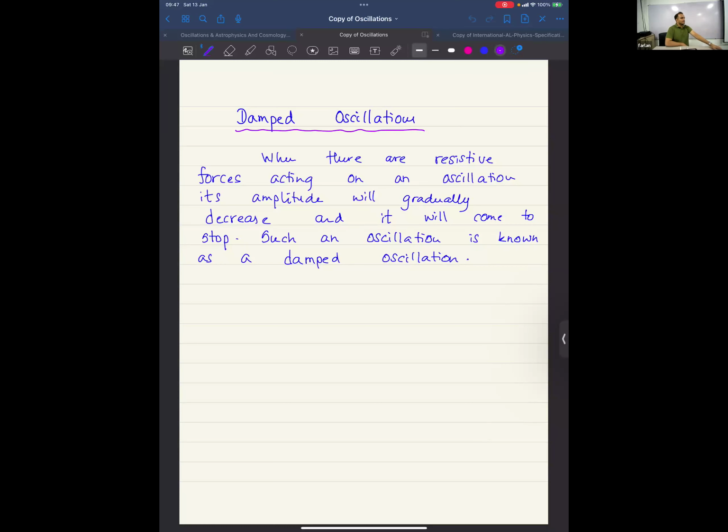Okay, so guys, when you were a kid, did you ever play on the swing? Back then, did you know it was a simple harmonic motion? At least now, do you know it's a simple harmonic motion? Yes.